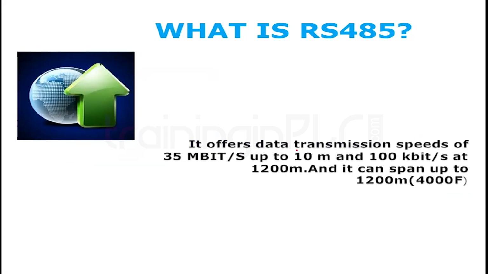RS-485 has a data transmission speed of 35 megabits per second up to 10 meters and 100 kilobits per second at 1200 meters, and it can span up to 1200 meters.